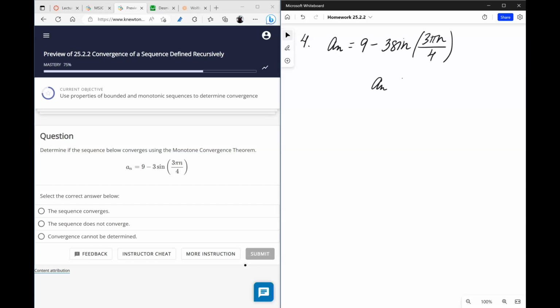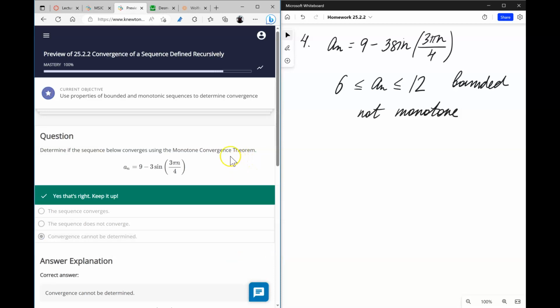And although a_n is bounded, so it goes between 6 and 12, I don't think we can establish the monotonicity here because sine is bouncing up and down, so it's not monotone, therefore convergence cannot be determined.